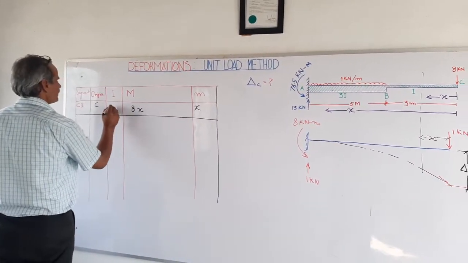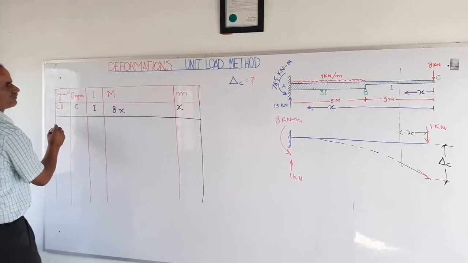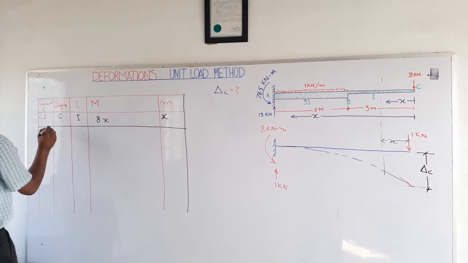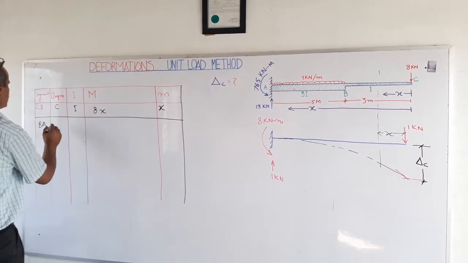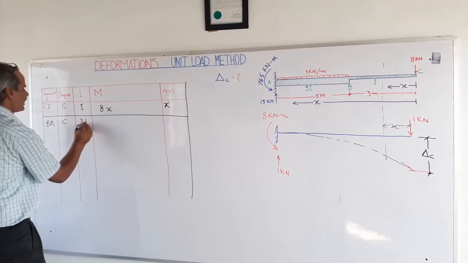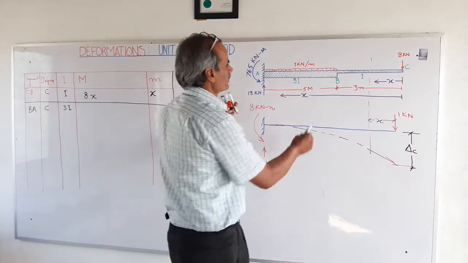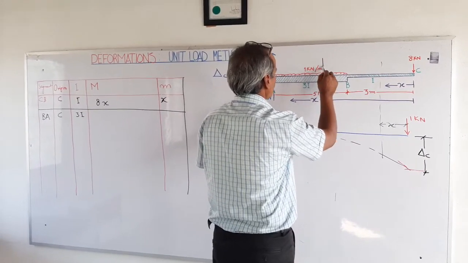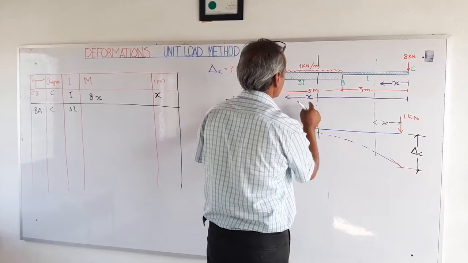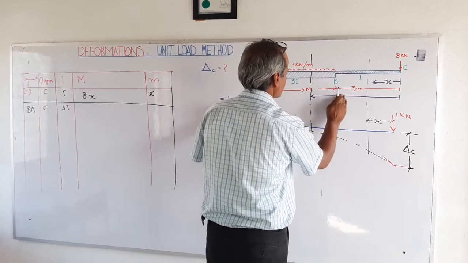So it will be portion BA. The origin is at C and the relative value of I is 3I. And now if we want to take moment, say our section is over here and this is distance x.